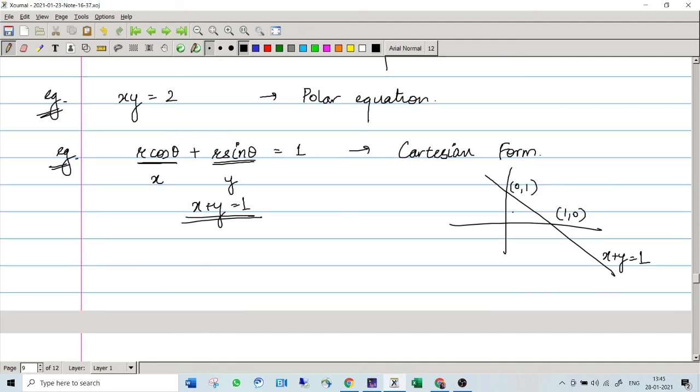So another example to try for. You can try solving this: r is equal to 5 by (sine theta minus 2 cos theta).